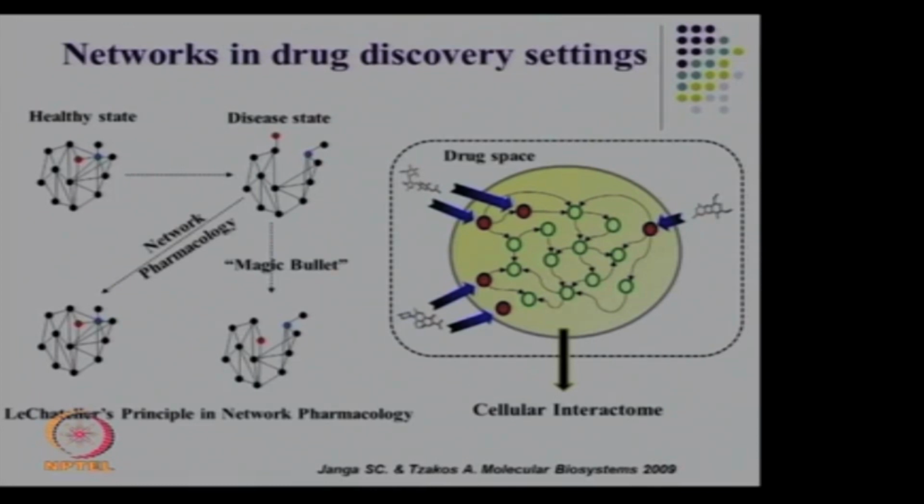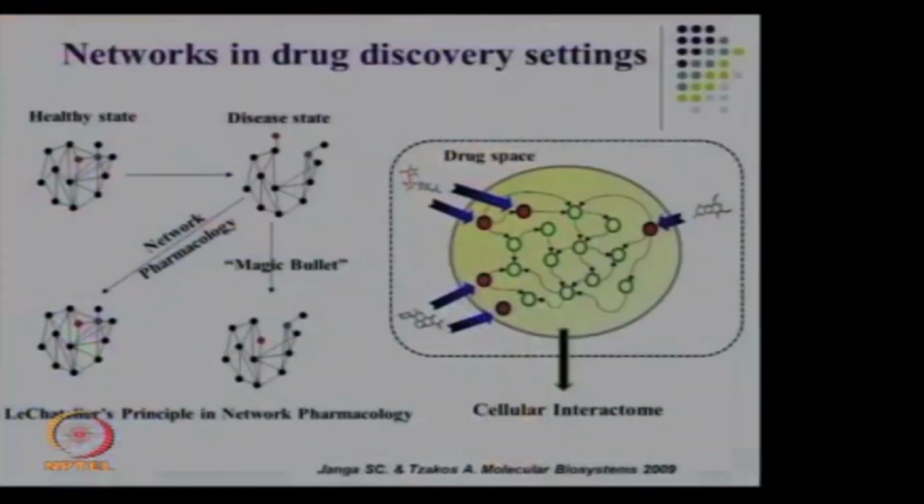To understand this particular idea, let us look at a network representation of how the different entities in the cell are interacting. In the figure to the right, you can see that a number of drugs, each of them can be perturbing different nodes. All of these nodes are interconnected to each other because we are looking at the cellular context, and there are protein-protein interactions, metabolic interactions, and also regulatory interactions.